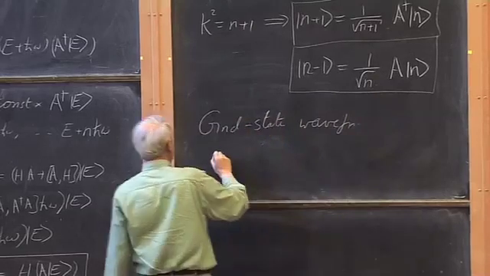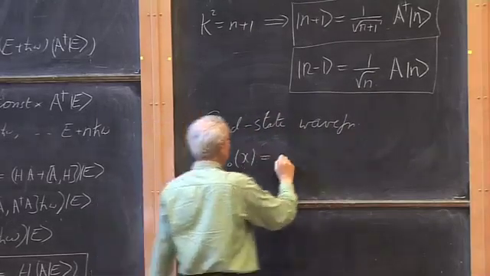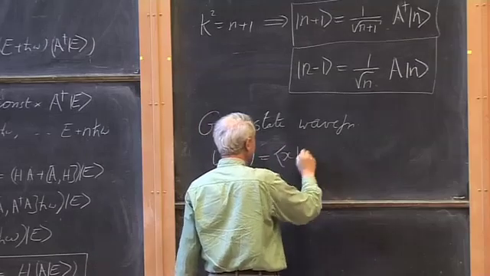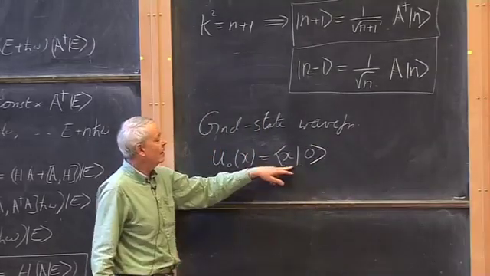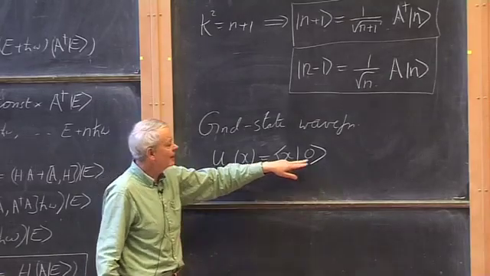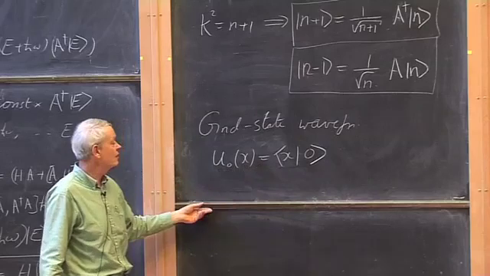What is it? We'll call it u0 of x, and it is, of course, <x|0>. It's the function defined by this, the amplitude to be at x if you were in the ground state, also called this. These are just two notations for the same thing.